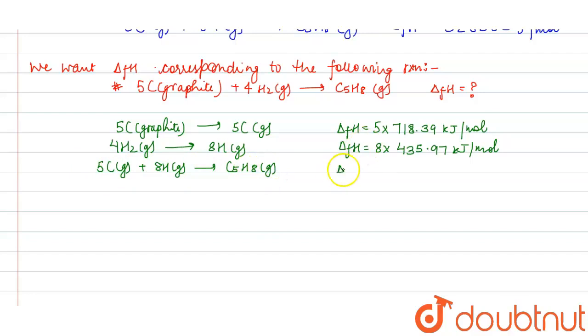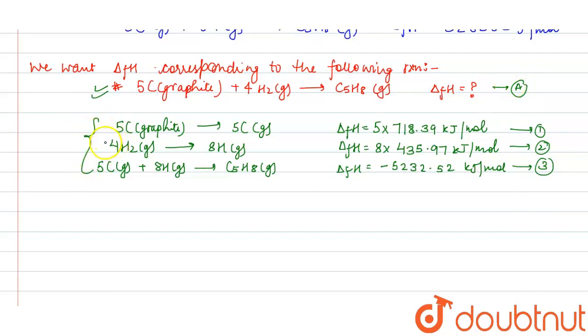Now see, 5C gaseous atom plus 8H gaseous atom forms C5H8 gas. This we have already calculated, which is equal to minus 5232.52 kilojoule per mole. So here 3 reactions are generated. For getting this reaction A, we will add all these three equations.